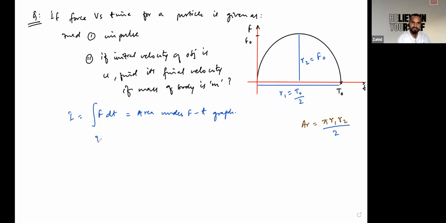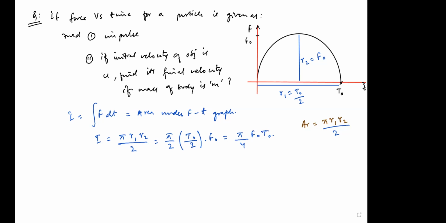So impulse is equal to pi R1 into R2 over 2, that is pi by 2 times t0 by 2 times f0. On simplifying you will get pi by 4 times f0 into t0. Is it clear to you all? Yes, sir.